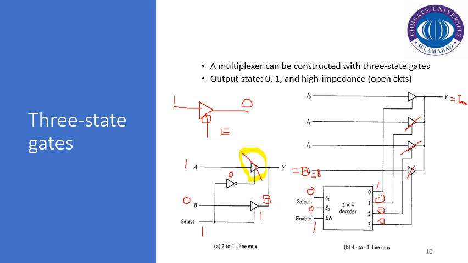Similarly, if you place the value of the select lines as 1 0, in that particular case, this line goes high and the other lines go low.